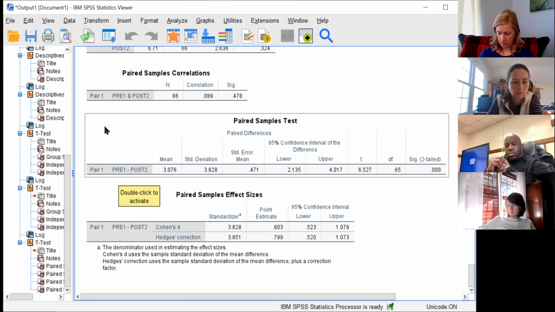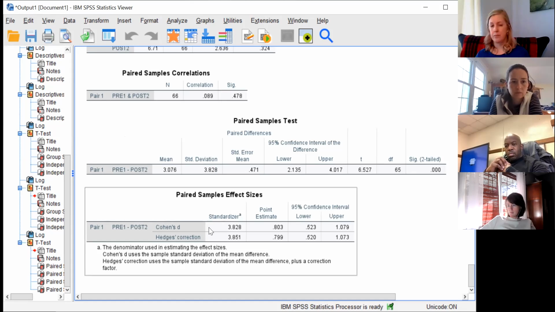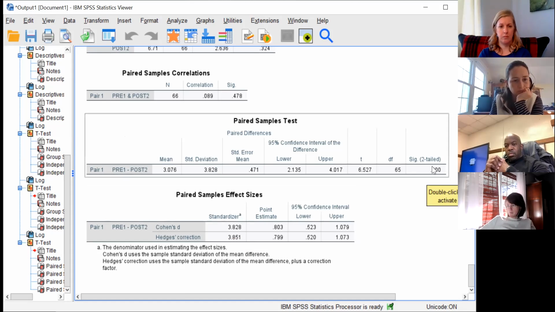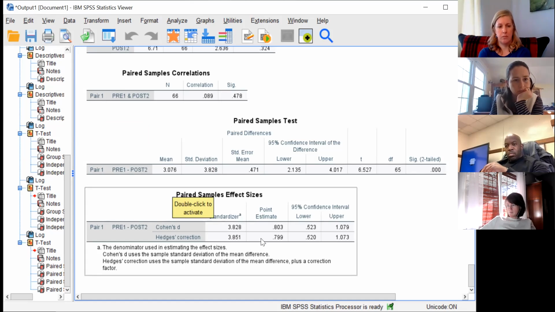I'll try to put up that handout that's got a little bit more about Cohen's d in it. But that 0.2, 0.5, 0.8 thing, in this case, would tell us that this is a significant change from pre to post, and it's a very significant effect size.